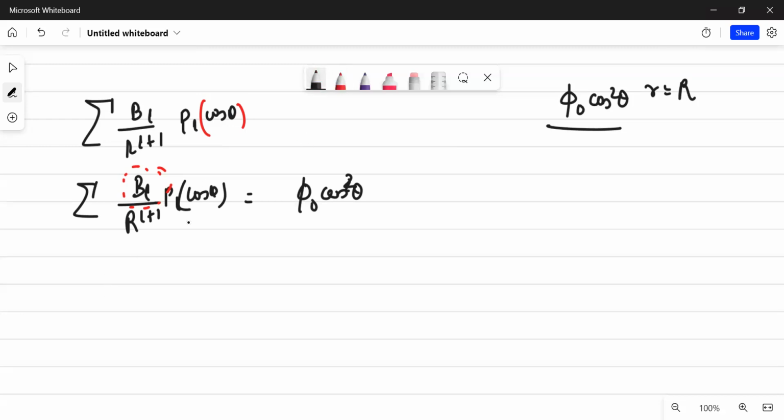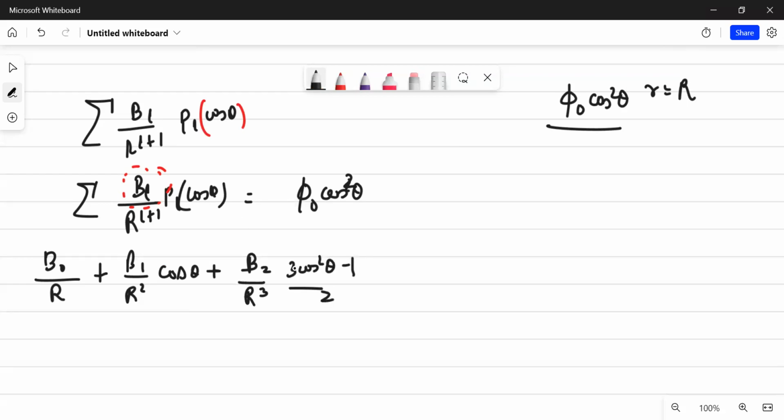So now just equate them. Here you do not have a linear term, you have a quadratic term given to you. If I equate them, I'll get B naught upon R, then P1 cos theta; put L equal to 1, this will be B1 upon R square times cos theta, and then B2 upon R cube times 3 cos square theta minus 1 upon 2.